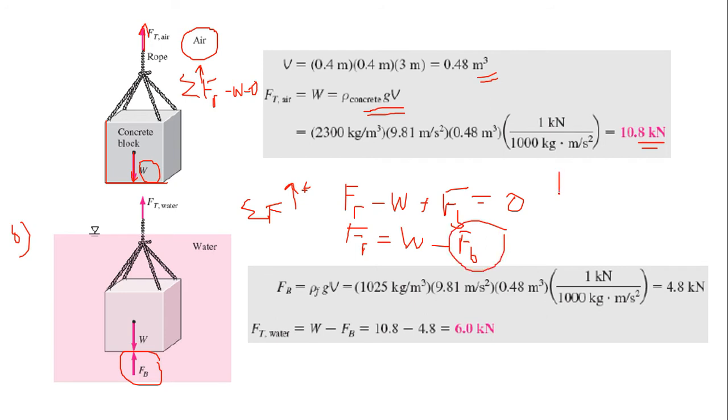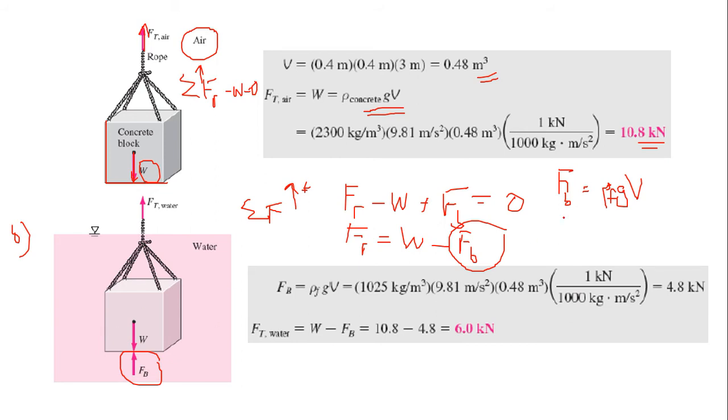You know how to find FB, it's rho GV, rho of the fluid, because it's inside the fluid. The G is constant, and V is the volume of this concrete, because it is the same as the volume of displaced water.